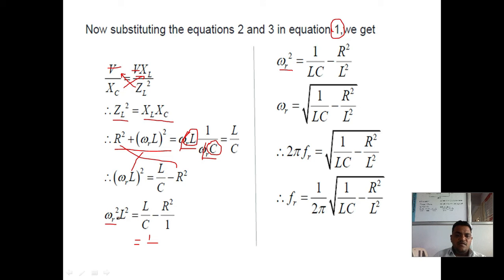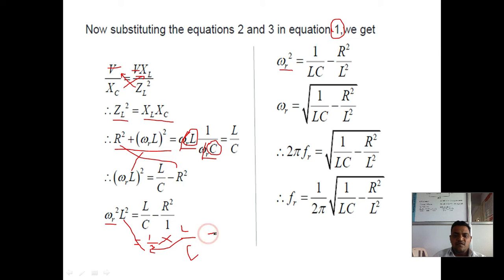Then this L square will move to the denominator side, that's why here is L square. Once we have L square into here L upon C.